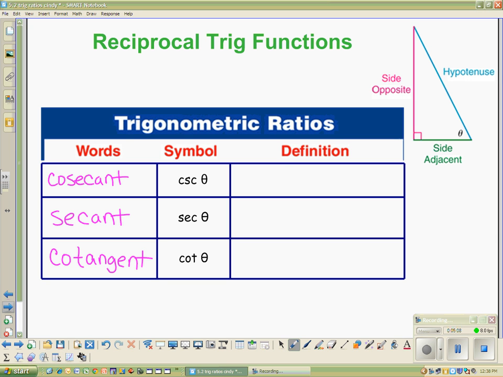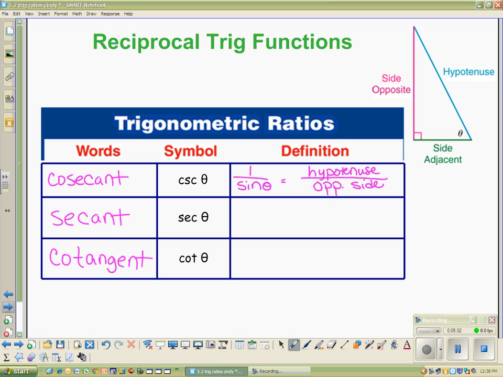The cosecant is equal to 1 over the sine of theta. And if I tip over sine, I would have the hypotenuse compared to the opposite side. They are reciprocals, so they do get tipped over.